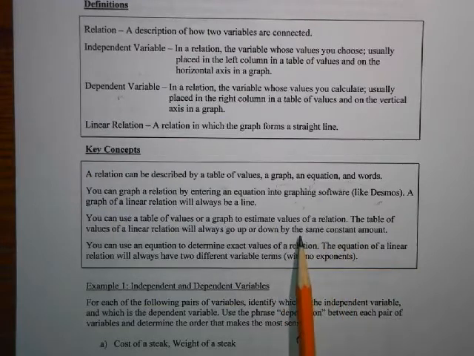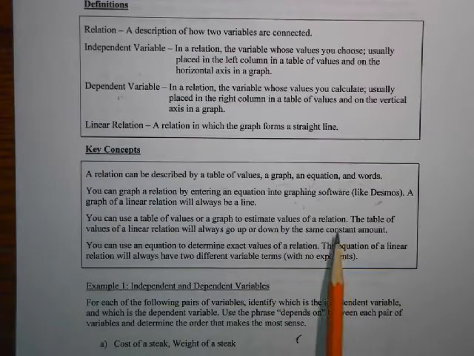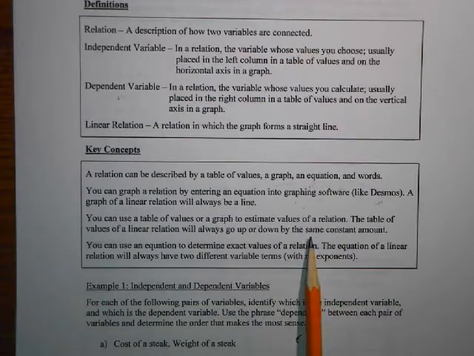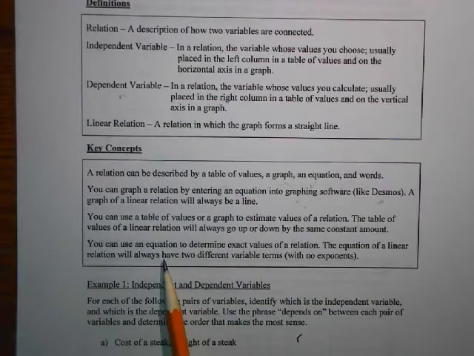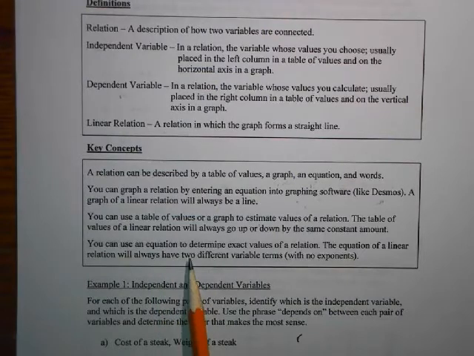Now, when we start looking at that, you're going to discover you can always tell if it's a linear relation by looking at the table of values if the y values are always going up or down by the same amount. Okay, so we'll look at that. And the graph, you can tell if it's a linear relation because it's a line. That's pretty obvious. The third non-word form will be the equation.